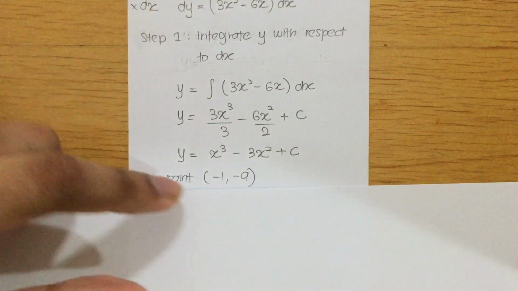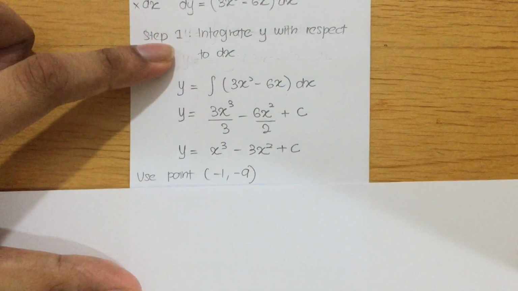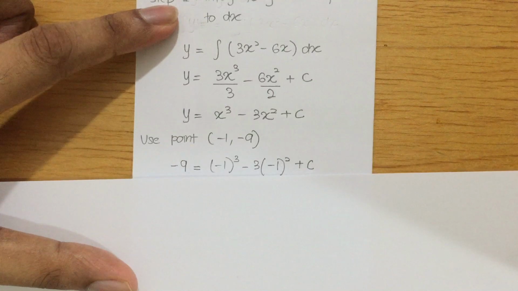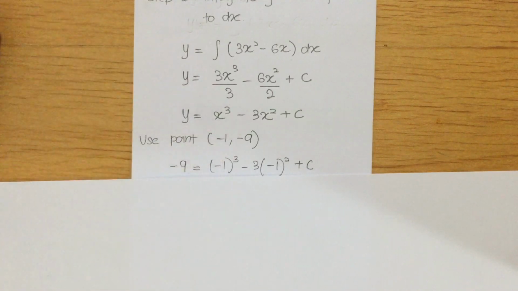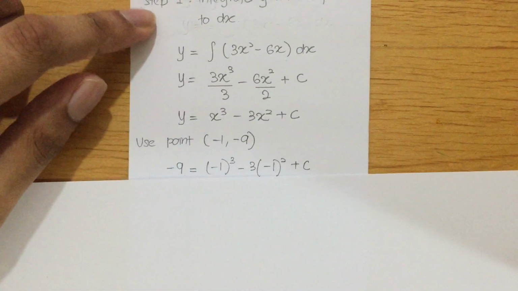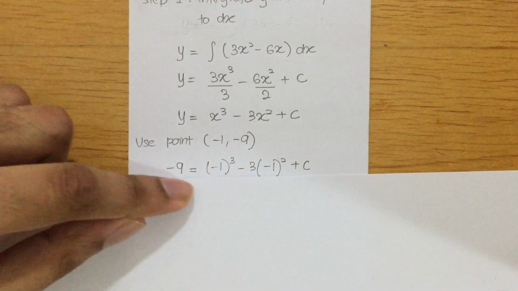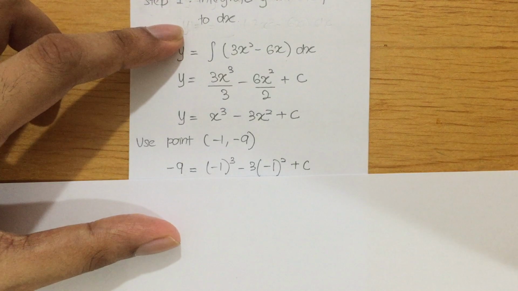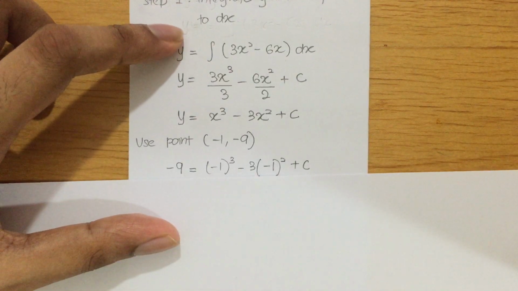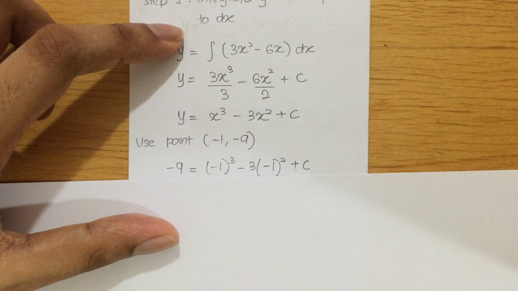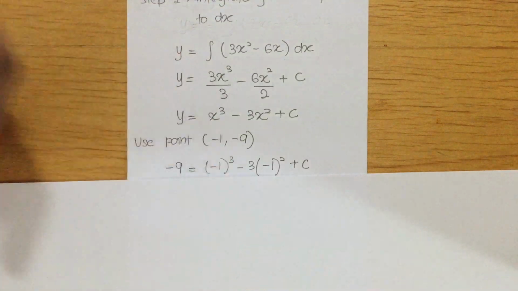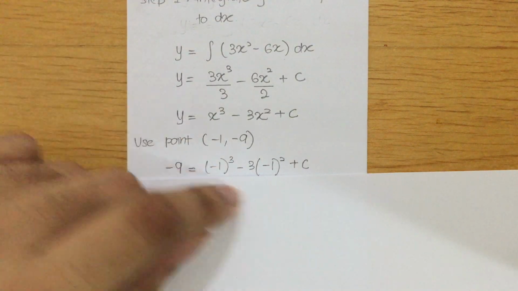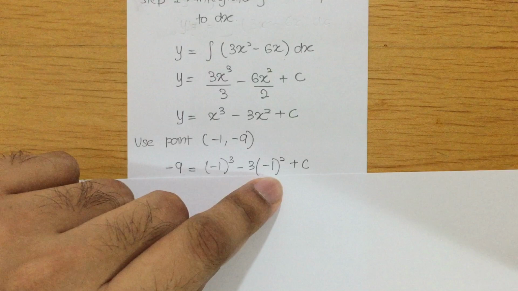So we're going to use the point (-1, -9). So -1 is your x coordinate and -9 is your y coordinate. So -9 equals (-1) cubed minus 3(-1) squared plus c. From here, let us continue. (-1) cubed, you should get -1. (-1) squared, you should get +1.